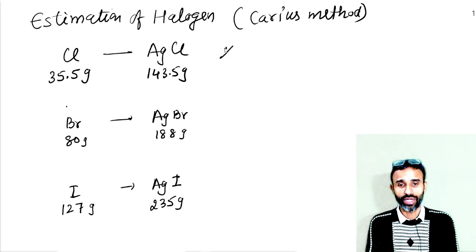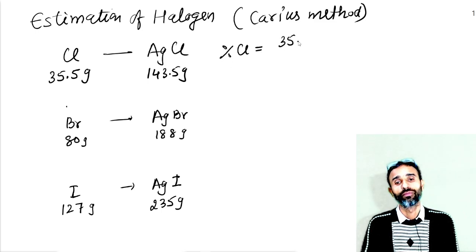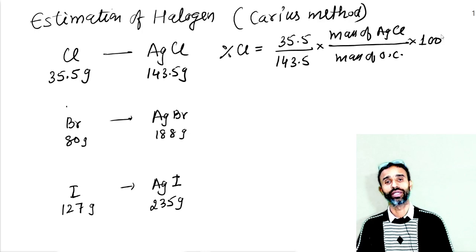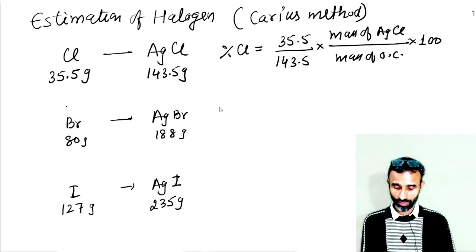So the percentage of chlorine is equal to 35.5 divided by 143.5 into mass of AgCl divided by mass of organic compound into 100. That's it. And what about the percentage of bromine?